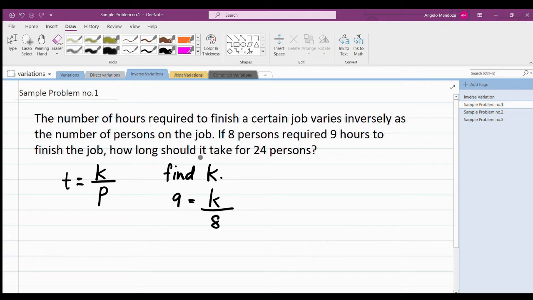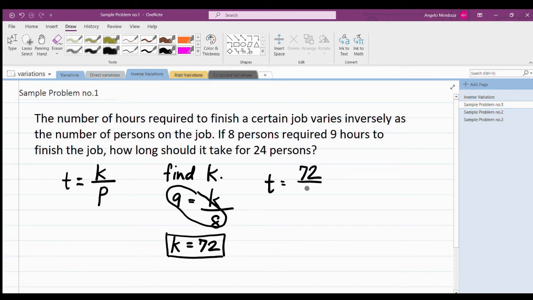We cross multiply 9 and 8, so k is equal to 72. So our equation here will be t equals 72 over p.